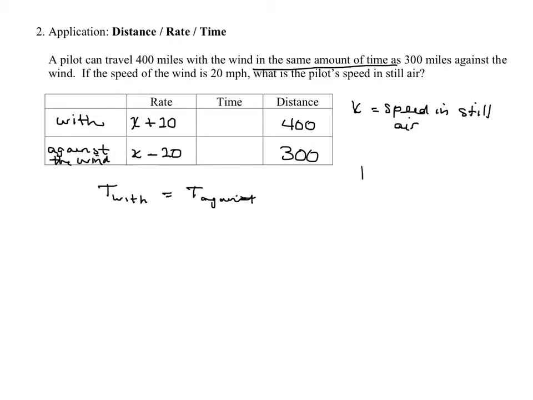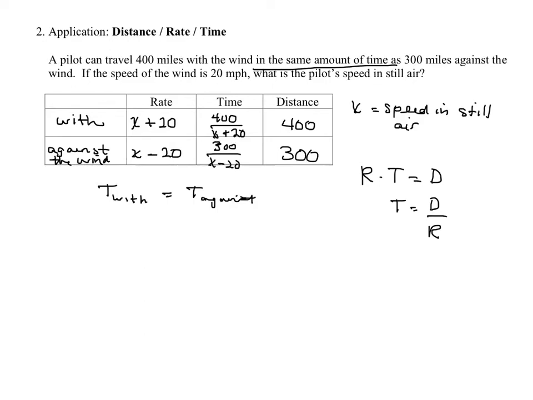Well, we know that rate times time equals distance, but time is equal to distance divided by rate, isn't it? So I can take 400 and divide it by x plus 20 and get the amount of time the pilot is going with the wind. The same way, against the wind, it's 300 divided by x minus 20.